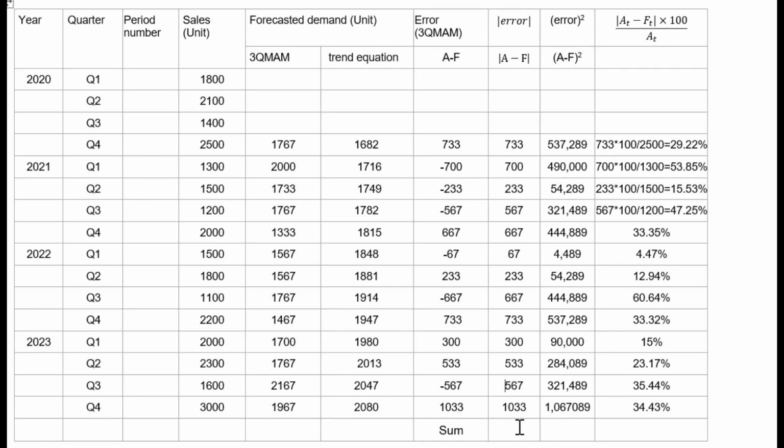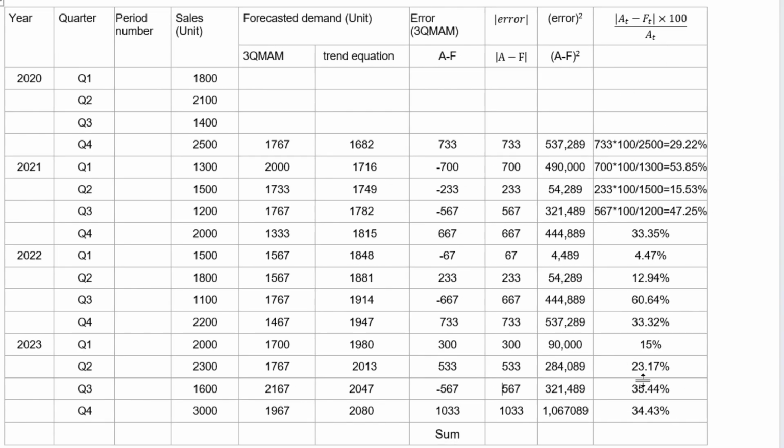Once we finish the calculation of these values, we have to calculate the summation of them. The summation of the absolute value of the error, the summation of the square of the error, and the summation of the percentage of the error. For the absolute value of the error, the summation is 7,033.